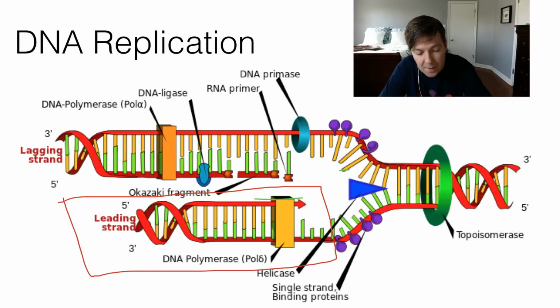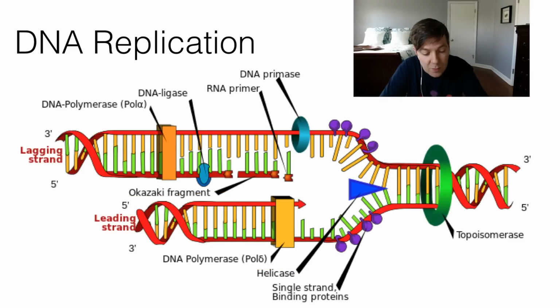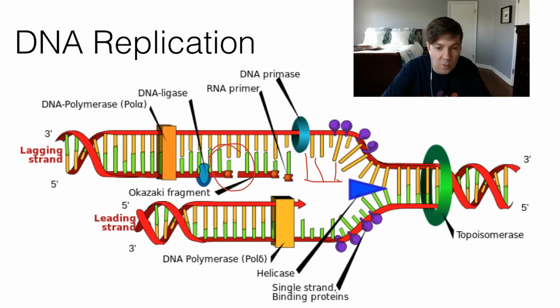Okay, that's nice and simple, but the top strand is much more complicated because we have to be doing this in the reverse direction. We've just about got enough room here to start doing it again, right? And then you have all these disconnected parts called Okazaki fragments, and then, of course, those things need to be tied together. It's a lot more steps.